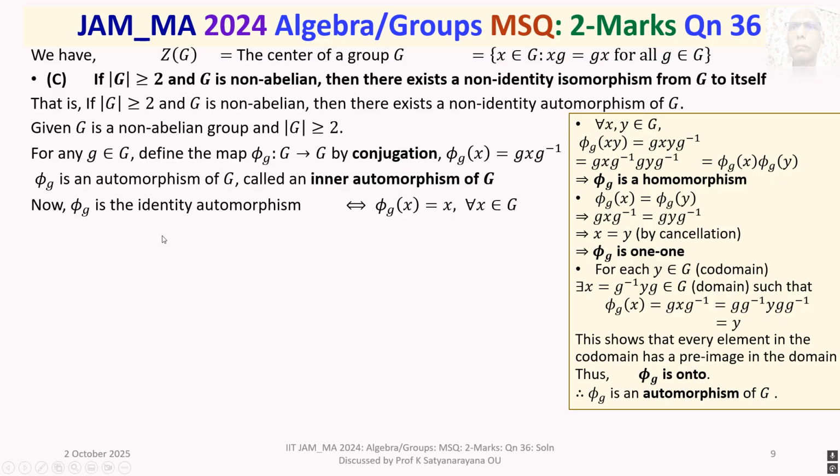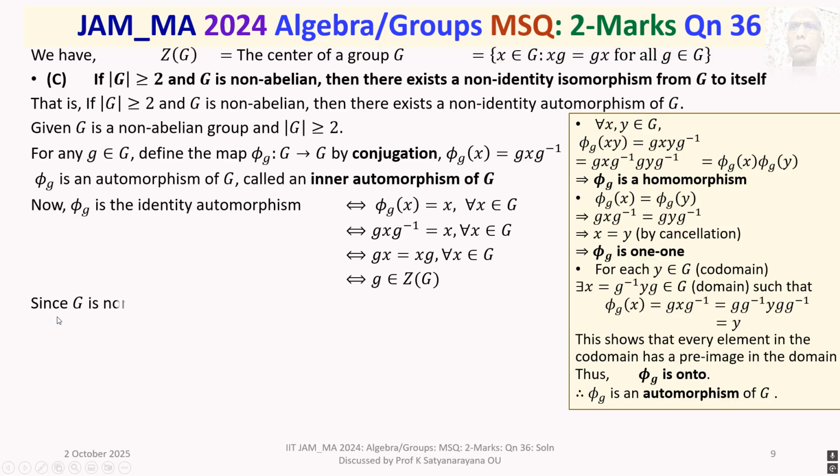We say phi_g is the identity automorphism if and only if phi_g of x is equal to x for all x belonging to G. This is if and only if g x g inverse is equal to x for all x, if and only if gx is equal to xg for all x, if and only if g belongs to the center of G. So phi_g will be an identity automorphism if and only if g belongs to Z(G). If g doesn't belong to Z(G), then it will be a non-identity automorphism.